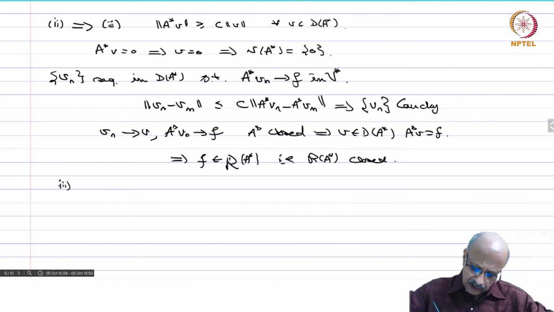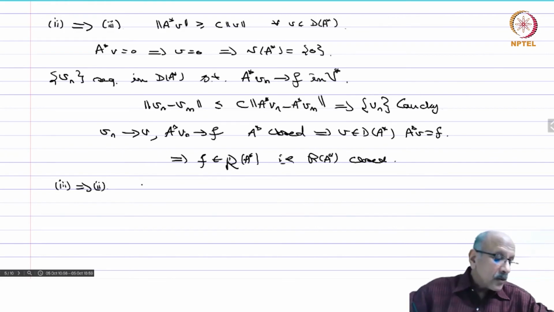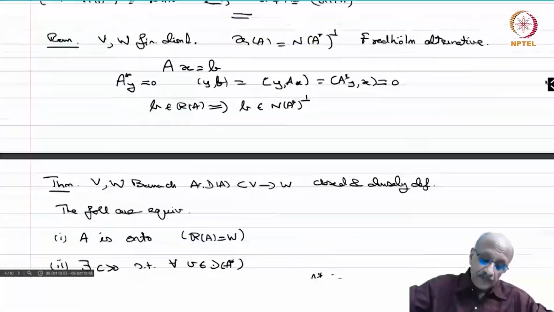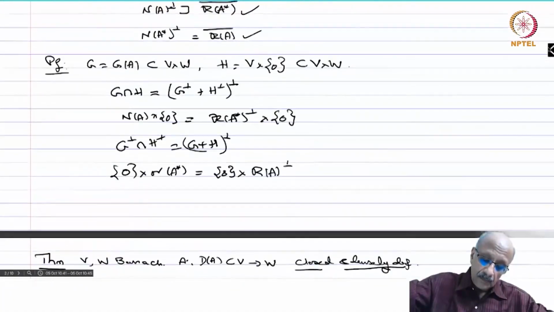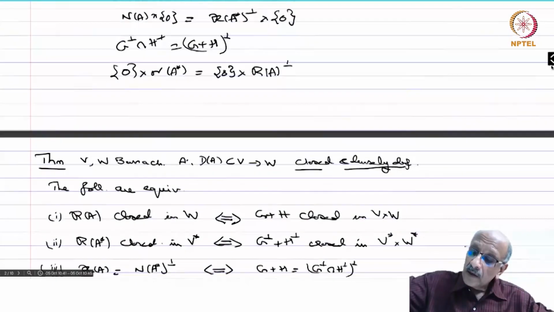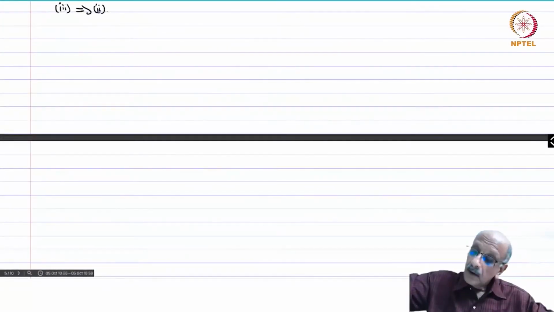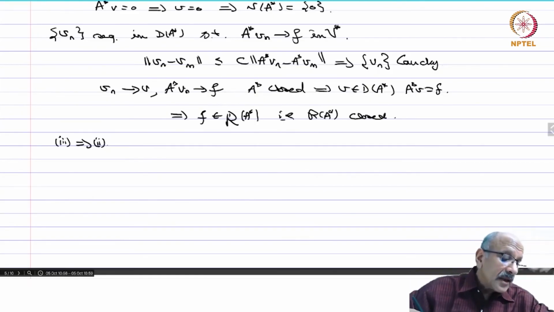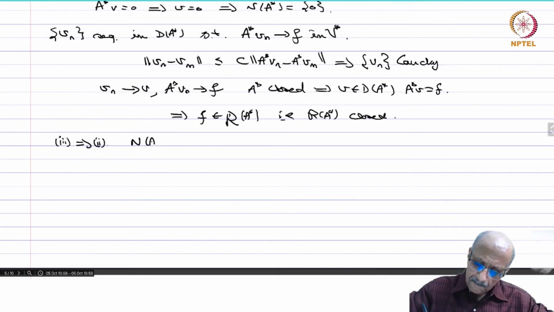So now we want to show 3 implies 2. So we go back to the notation which we had earlier about G and H. G equals G of A, H equals V cross 0, and then we have that N of A star equal to 0 implies that G perp intersection H perp is 0.